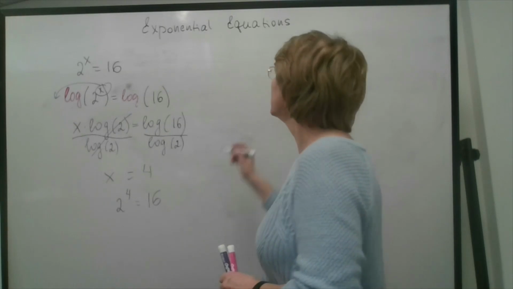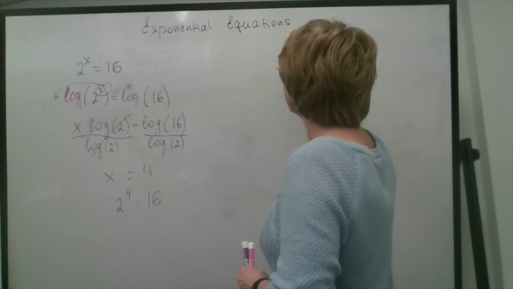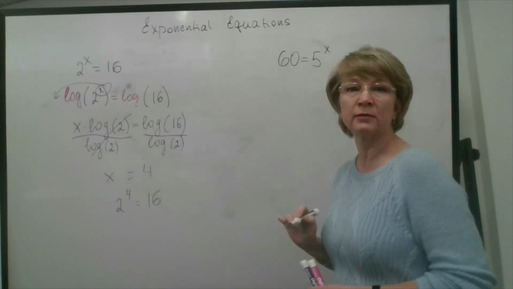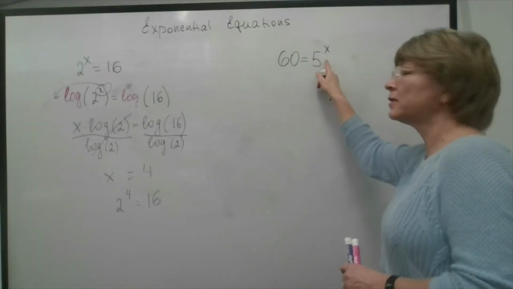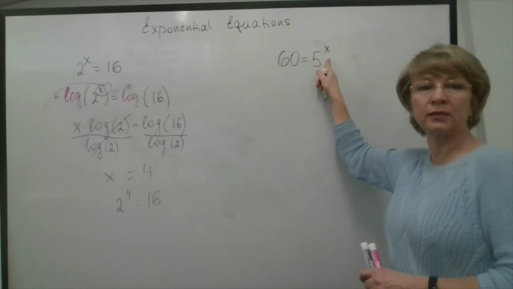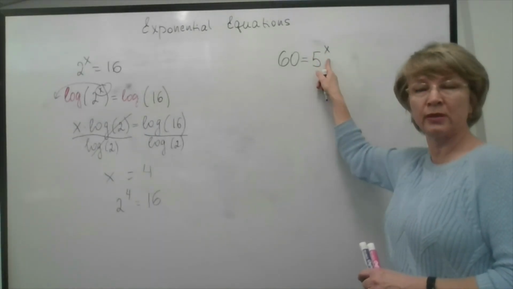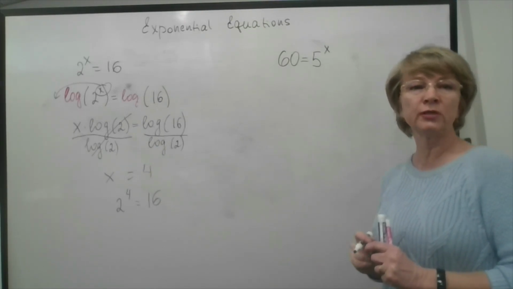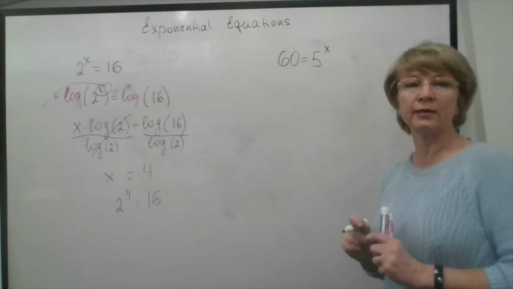The next example that we solve will be 60 is equal to 5 to the power x. Again, this is an exponential equation because our variable x is an exponent. To solve an exponential equation, we have to use logarithms on both sides.